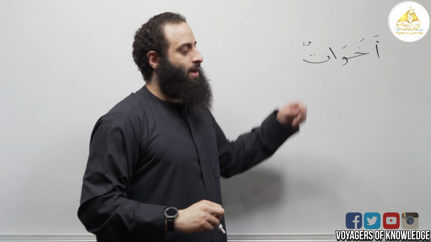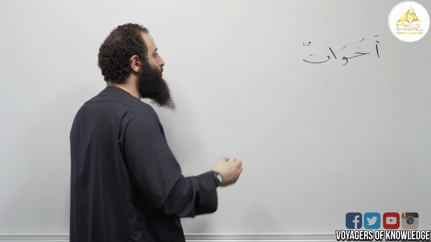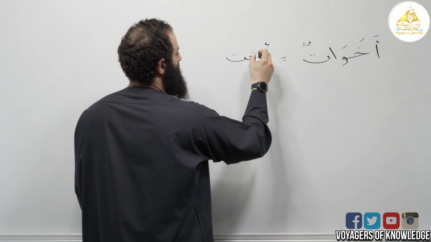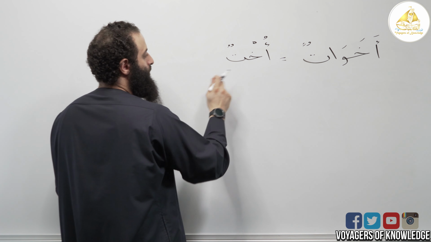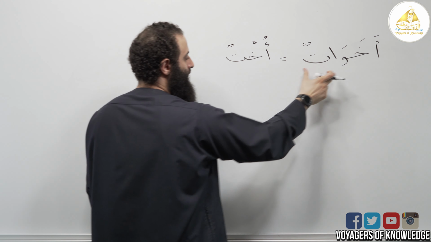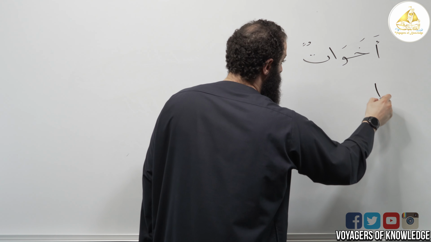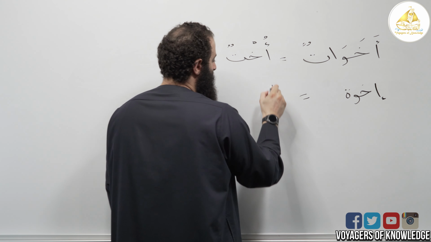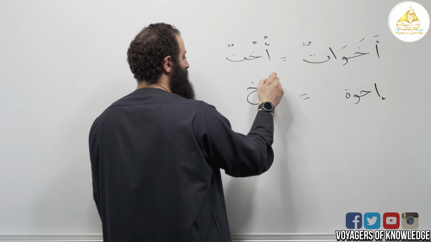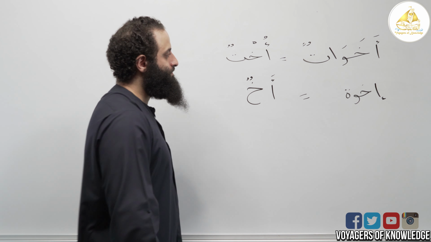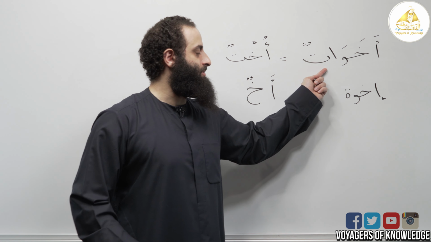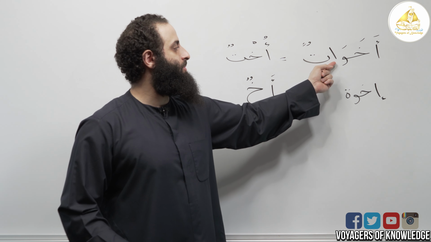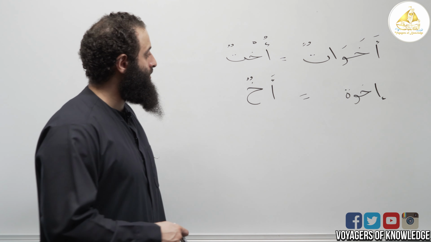So, akhawat is the plural of ukhtun. Ukht is sister. Akhawat is sisters. We learned ikhwatun, and that's the plural of akhun. Akhawat, sisters. How can you tell? The alif ta at the end. If it ends with alif and ta, it's feminine plural.